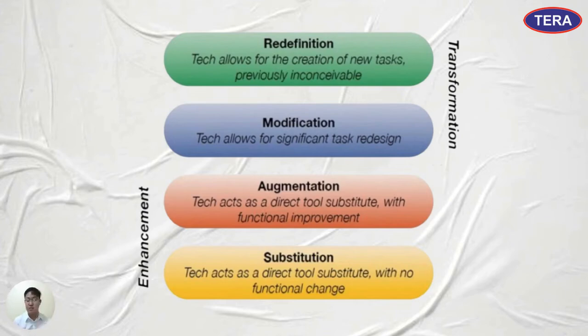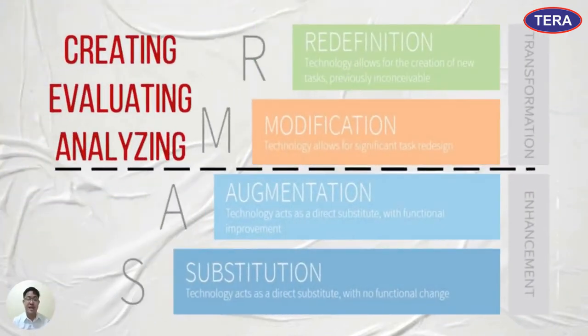embrace transformative learning experiences. Now, if we could recall Bloom's taxonomy, we can recall that the last remaining stages in Bloom's taxonomy, creating, evaluating, and analyzing, fall in the redefinition and modification stages of the SAMR model.